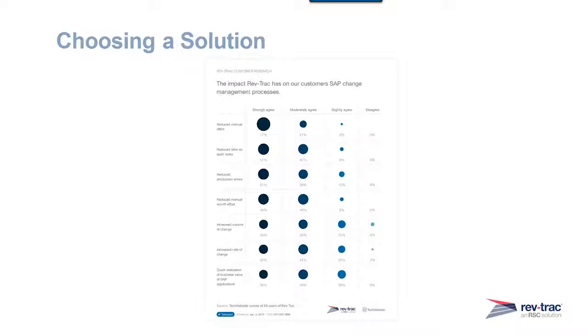And here's just one that we had conducted recently, and I like this one because it shows a lot of the key outcomes that customers are trying to achieve: reducing their manual SAP change management effort, improving and reducing the time on their audit tasks, reducing the production errors I've been talking about. If they're doing retrofits, we really help them reduce the effort with that, increase the volume and the rate that we had talked about for outcomes, and then just overall get better value out of their SAP applications, which is sort of a side effect of RevTrack.